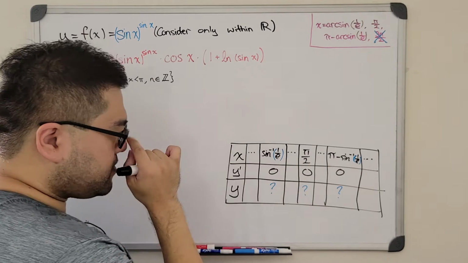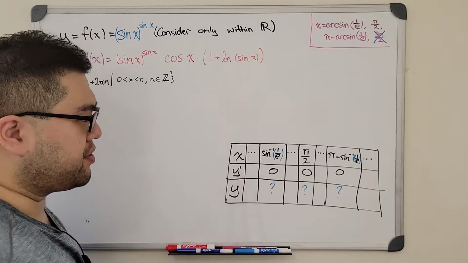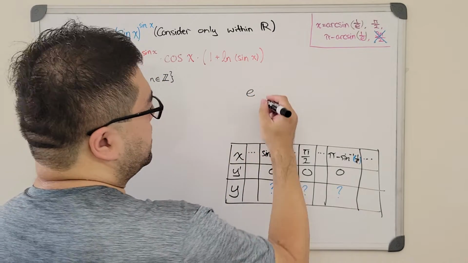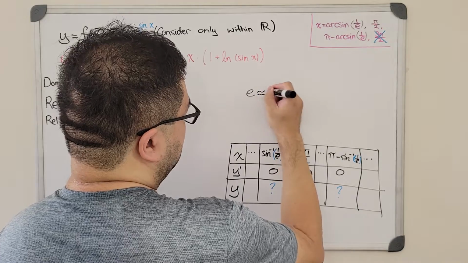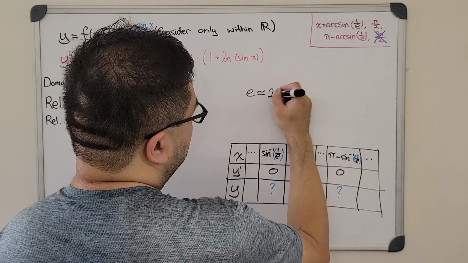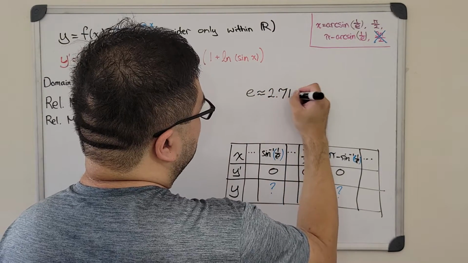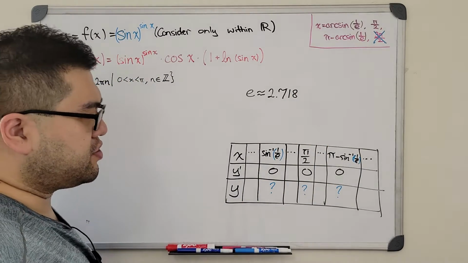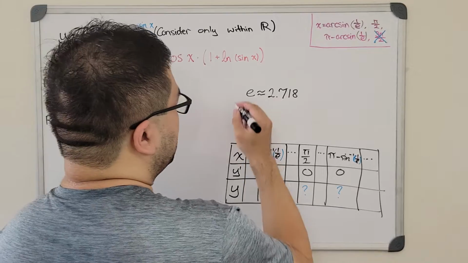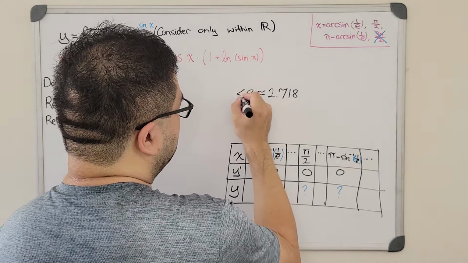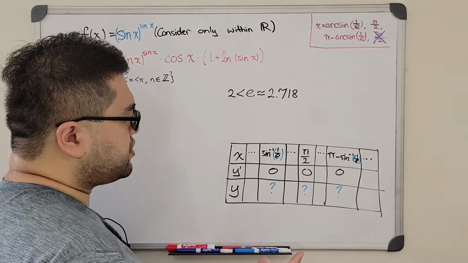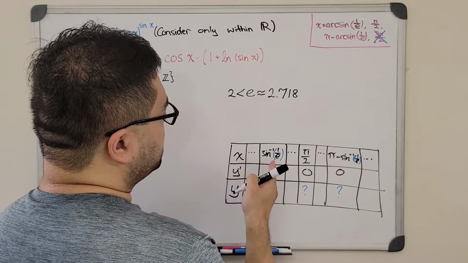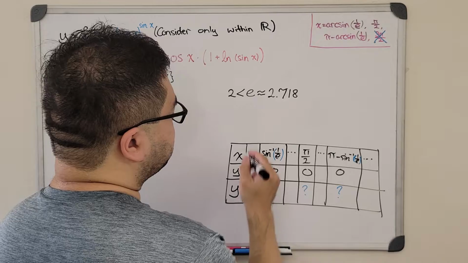First, let's talk about some values here. We know that e as a natural number is numerically approximately 2.718, which is of course less than 3 but greater than 2, right? Meaning that e is strictly greater than 2. So, ladies and gentlemen, we can actually consider the following.